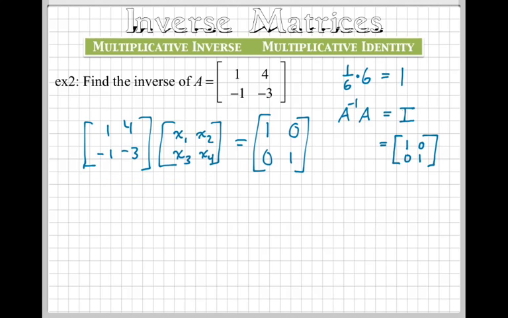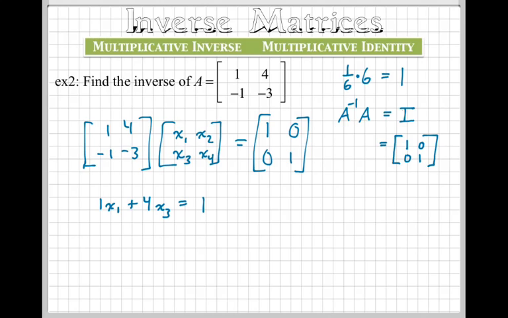Okay, so we would multiply this row with this column, and to do that we would get 1 x sub 1 plus 4 x sub 3, right? We go down to 3, multiply the 4 times it, and that would equal 1. This guy right here.